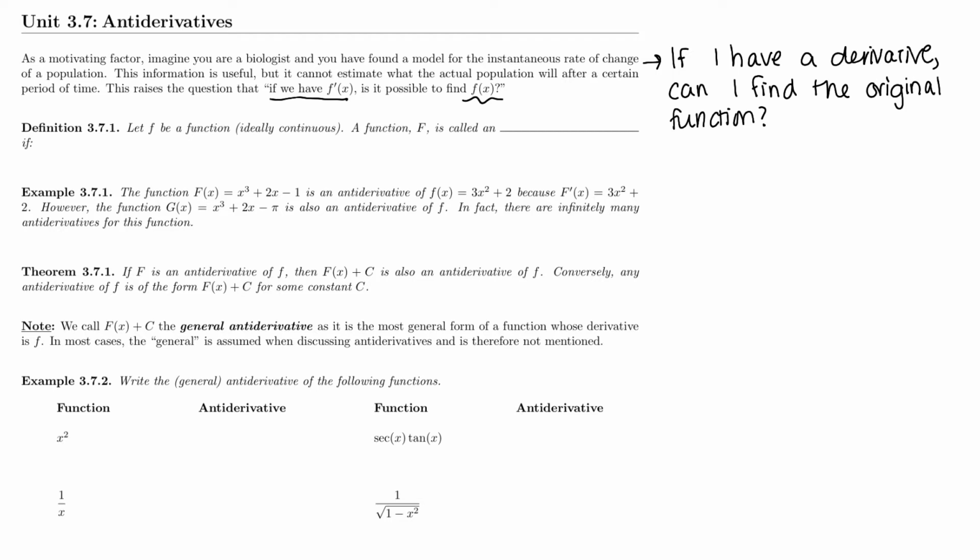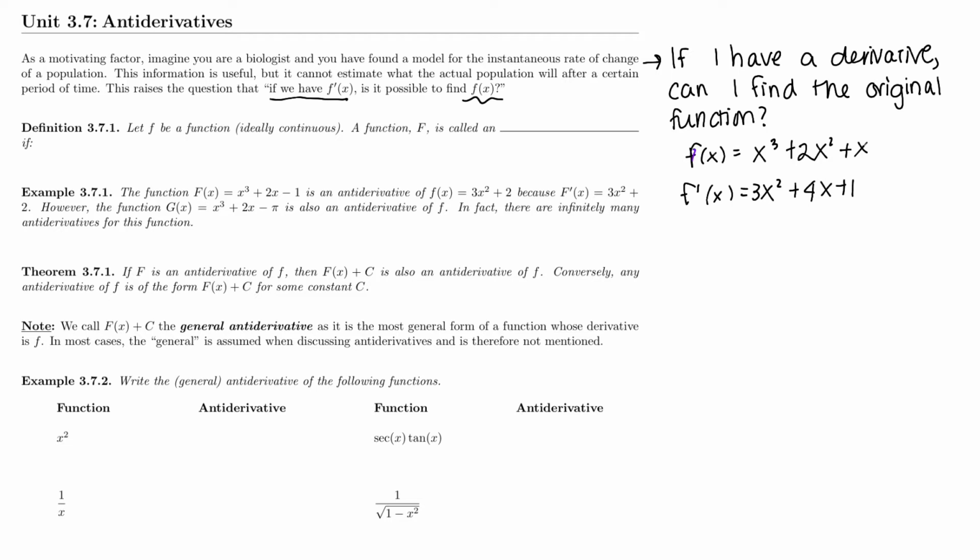So, for example, if I have a regular function, like taking the derivative of this, right? If we take the derivative, we get 3x squared plus 4x plus 1, right?